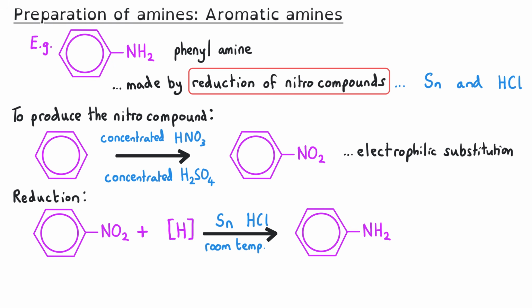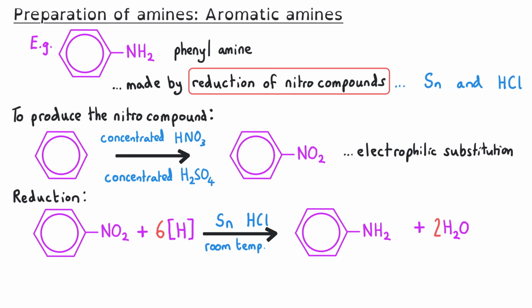In an equation, you can write the reducing agent as a capital H inside square brackets. This reducing agent does 2 things. Firstly, it reacts with the 2 oxygen atoms in the nitro group to produce 2 molecules of water, and the reducing agent also reacts with the nitrogen atom to form the amine group.